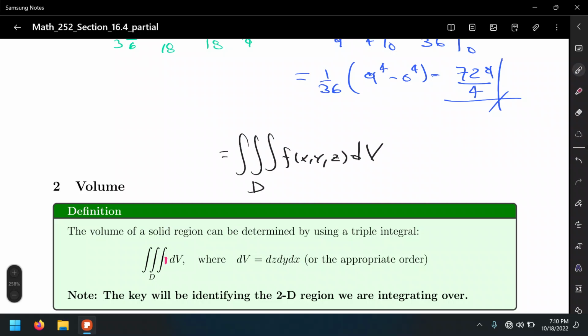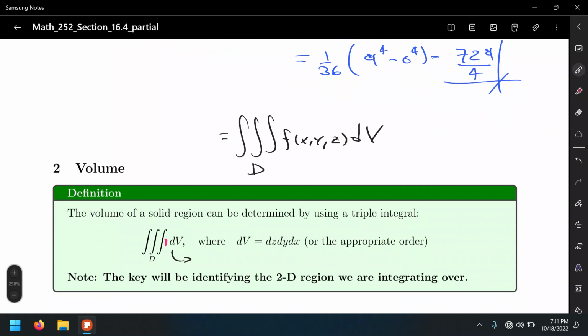What is that going to give us in this case? Well, the double integral with an f of x, y gave us the volume. The triple integral with a 1 in the integrand gives us the volume again, because when we compute the integral, let's say only the innermost integral varies from f to g.